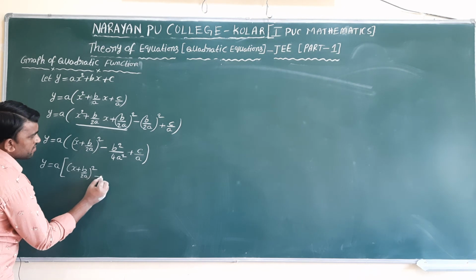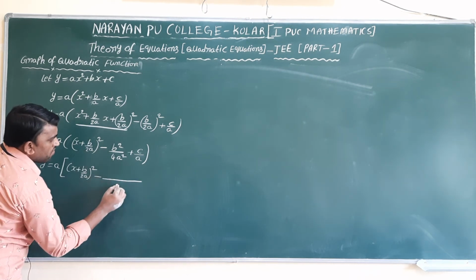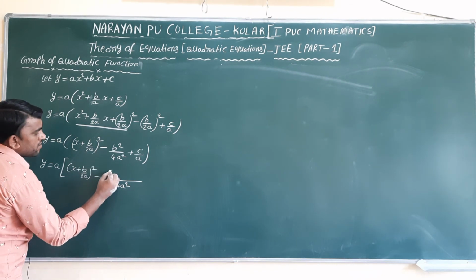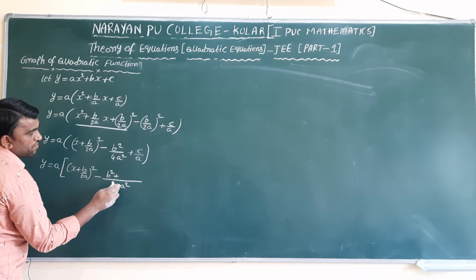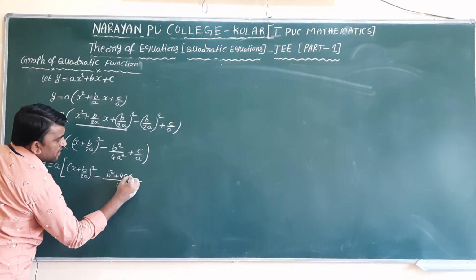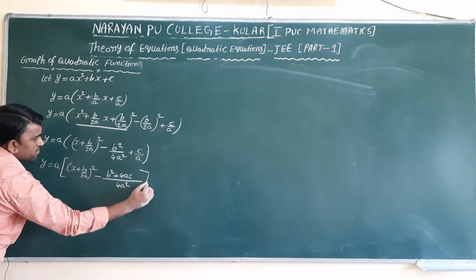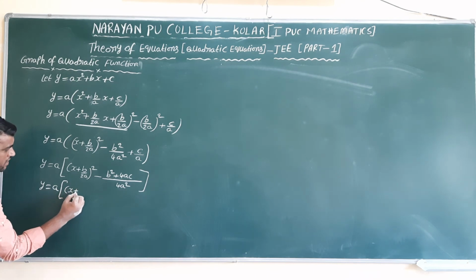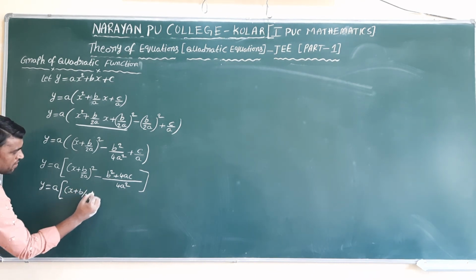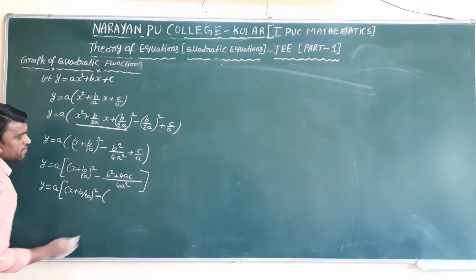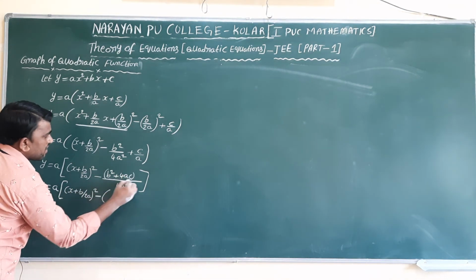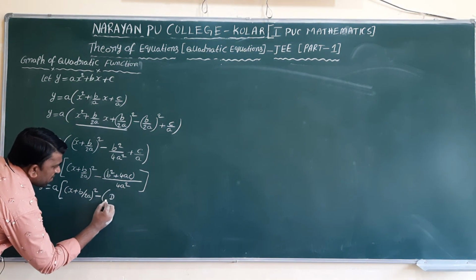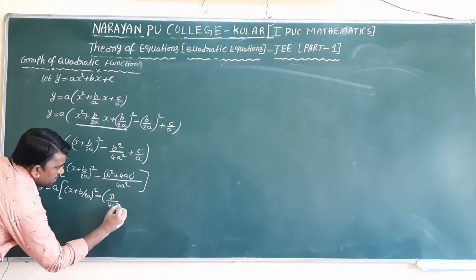Take LCM: 4a square is the LCM, minus b square plus 4ac. So y equal to finally a into x plus b by 2a whole square, take minus common, b square minus 4ac, that we can write as d by 4a square.